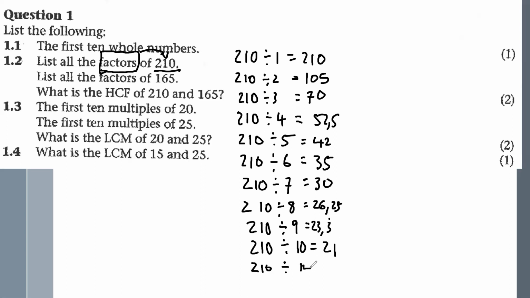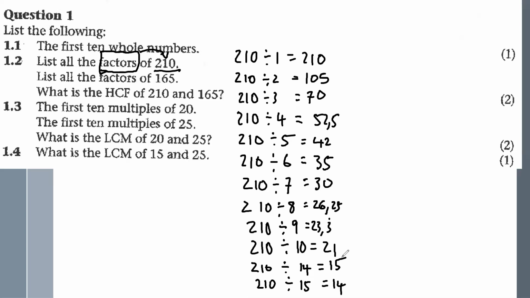If we do 14, we get 15, all right? And obviously, the next number after 14 is 15, right? So I want you to see what happens. If you do 15, what are you gonna get? You're obviously gonna get 14.